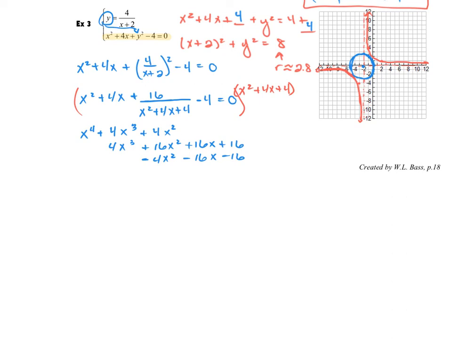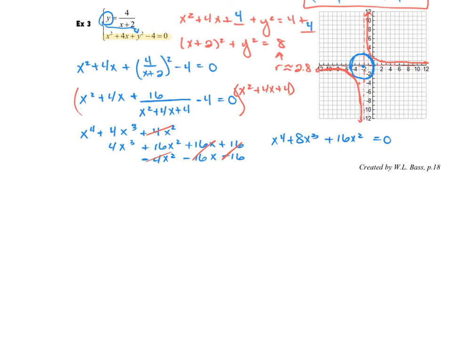Now, what that does is allow me to see, if I'm looking vertically, that these are going to cancel. These 4x squareds, -4x squared and +4x squared, are going to cancel. So I have x to the fourth plus 8x cubed plus 16x squared equals 0.